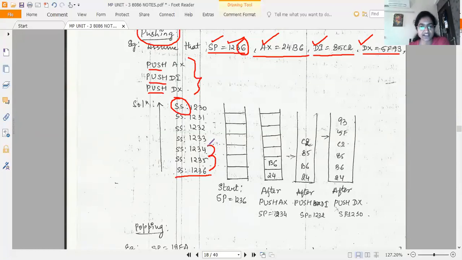The next lower address is 1234, the next lower address is 1233, and so on. So the lower address will be loaded with the lower data, but the starting address of accessing or loading the data is 1236. Now, this is the address, so what is the data here? 24B6. First instruction is push AX.